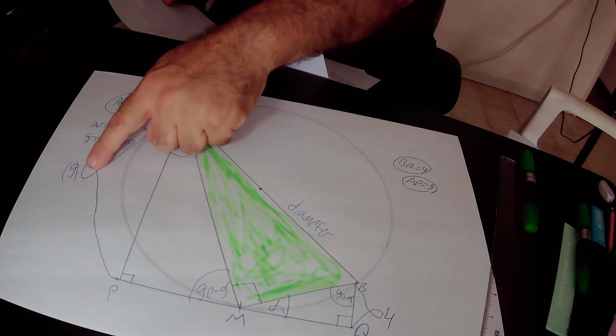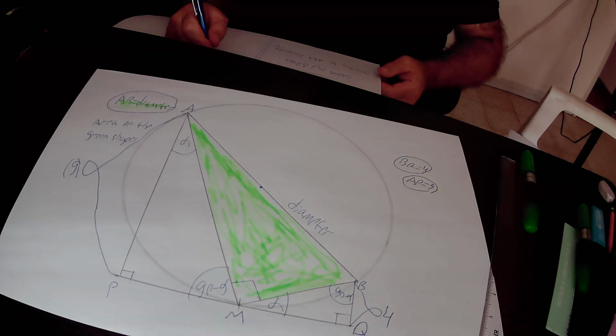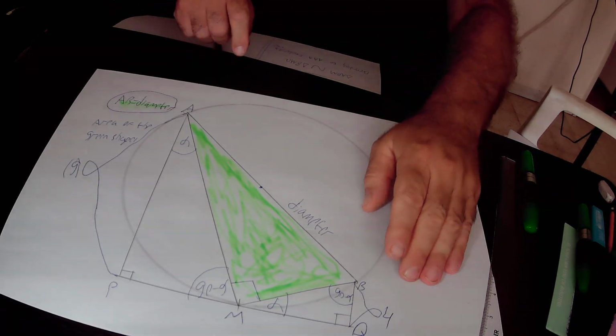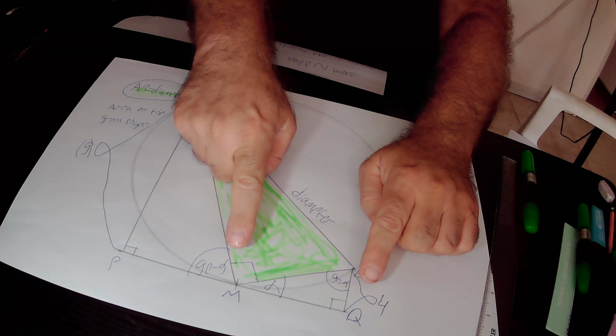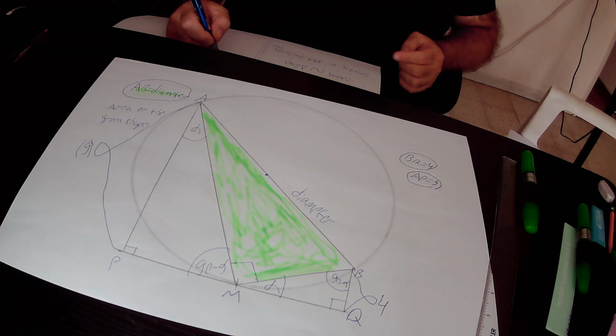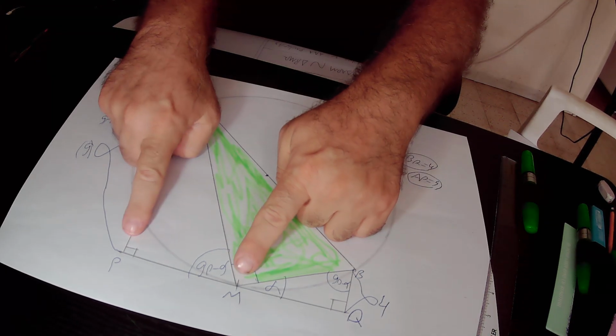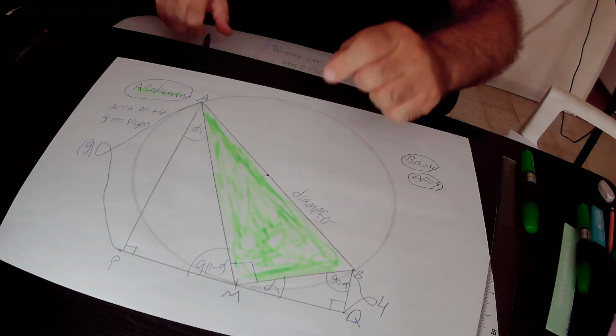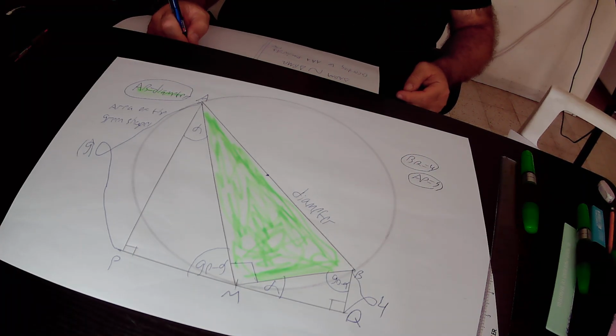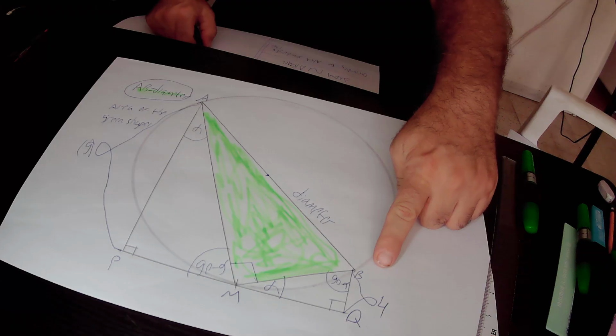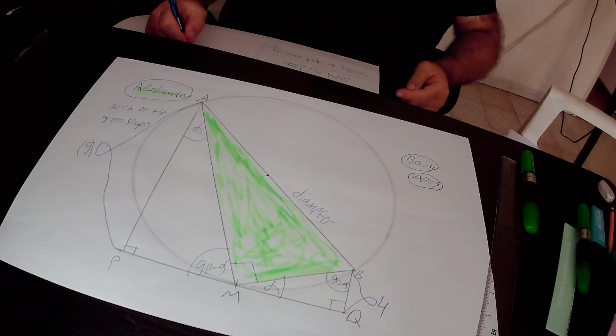AP is 9 over MQ. MQ is the missing side, so we note it. And it is equal to PM. PM is the missing side, so we note it. Over BQ. BQ is 4, according to what is given in the question.